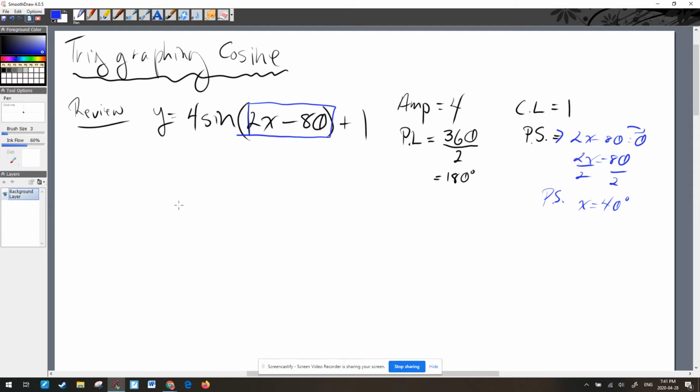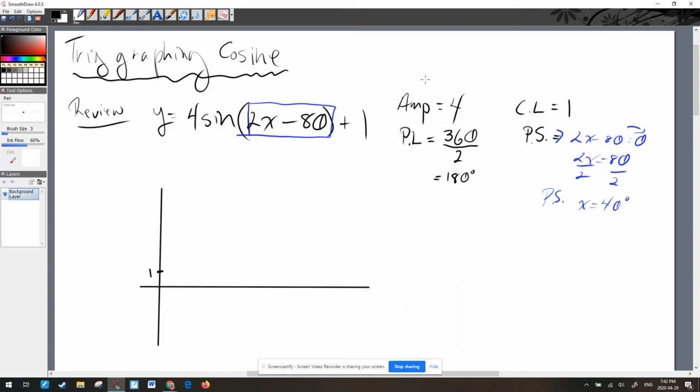So when we go to graph these things, we're going to draw our axes on here. Now, I know that this thing is going to be shifted up 1 and to the right. So I'm going to want to have a little bit more room above the x-axis than below. But, again, it's not really all that big a deal. So first thing I'm going to label on here, I'm going to label the center line. The center line is at, we'll call that right there, 1. Okay.